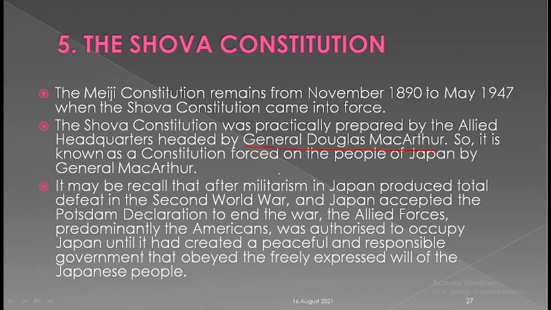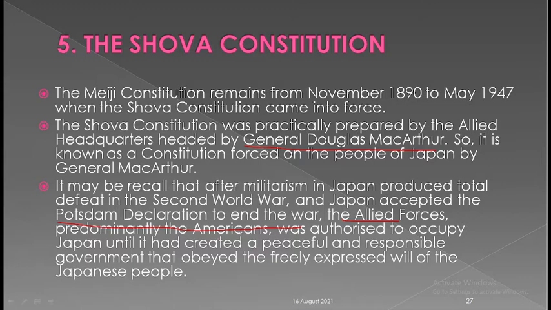It may be recalled that after Japan was defeated in the Second World War, especially after the atom bomb was dropped on the cities of Hiroshima and Nagasaki, Japan accepted the Potsdam Declaration to end the war, and the Allied forces, predominantly the Americans, were authorized to occupy Japan until it had created a peaceful and responsible government that obeyed the freely expressed will of the Japanese people.